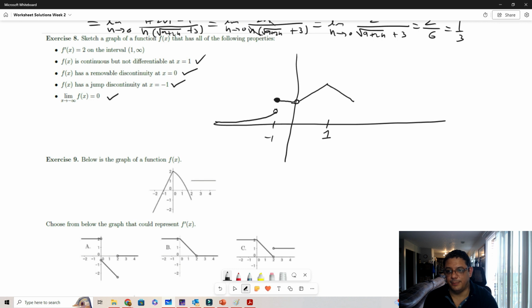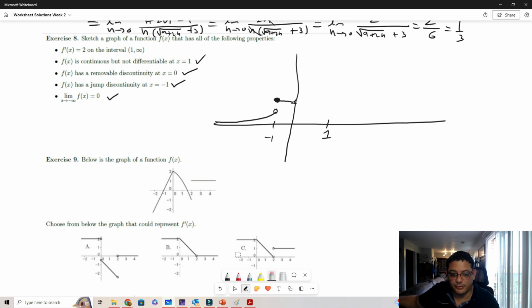And also says f prime of x is equal to 2 on the interval 1 to infinity. So this is talking about the slope of the tangent line. So actually this is going to change completely my behavior because this is telling me, hey, there is a slope and the slope is always 2.